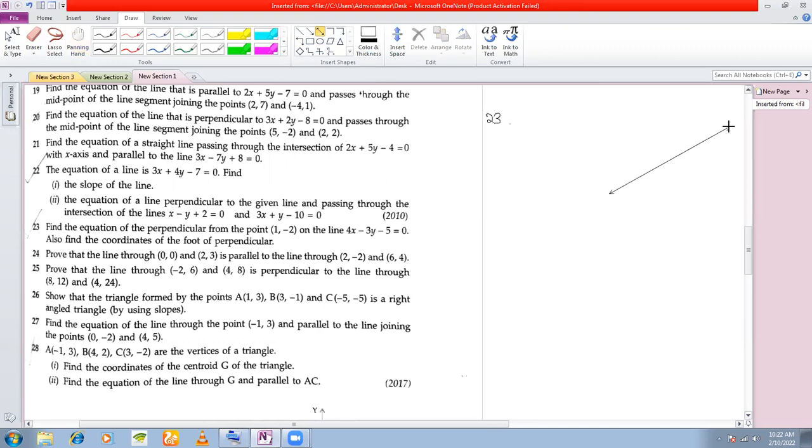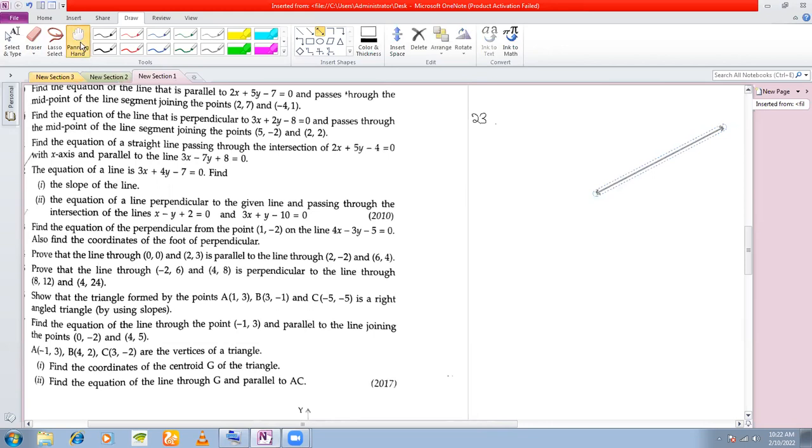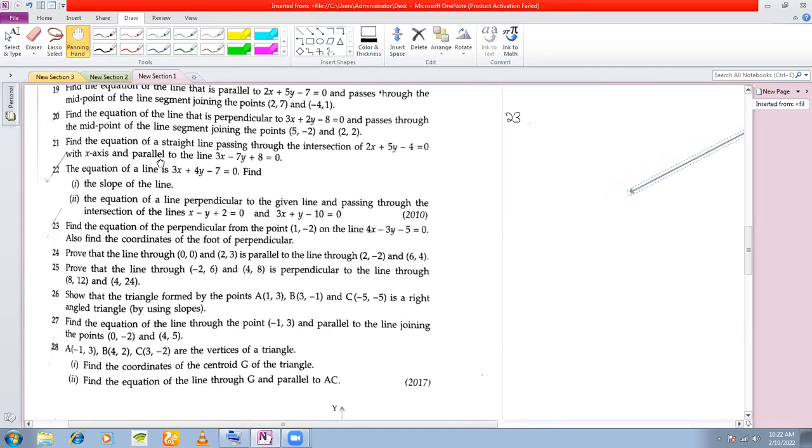If you have a straight line here, okay, the equation is given to you as 4x minus 3y minus 5 is equal to 0. This is the equation of the line given. You need to find the equation of the perpendicular from the point.